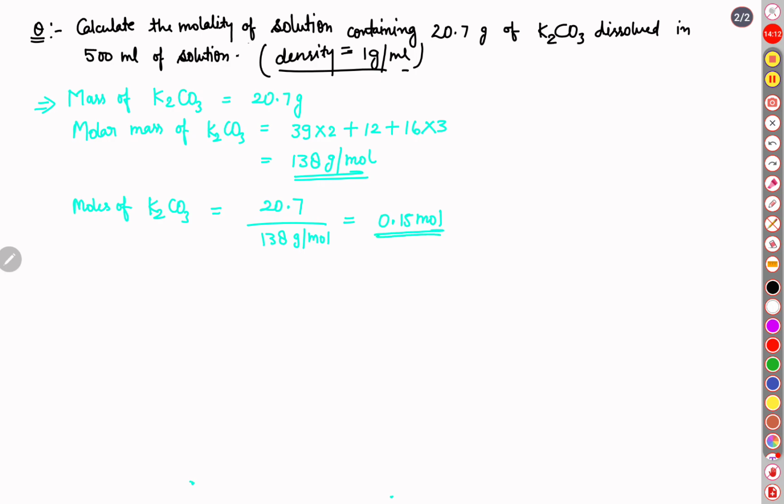Now we have to find the mass of solution. The mass of solution is not given here; the volume of solution is given. To find the mass of solution, we have to use density.